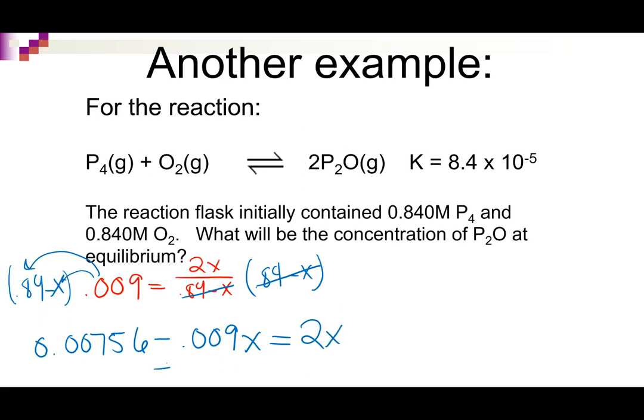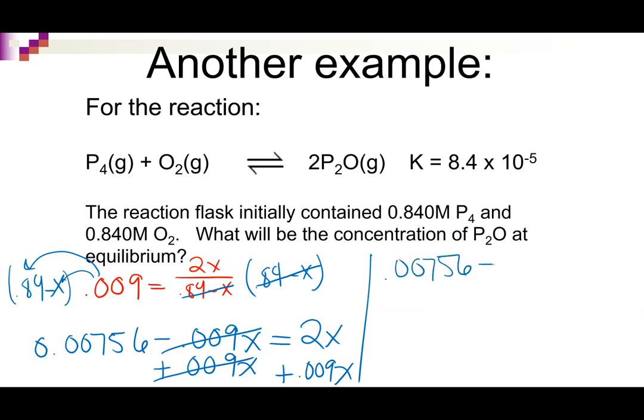And then again, I want to get all my x's on the same side, so I'm going to add the 0.009, so those cancel. And I have 0.00756 equals 2.009x.